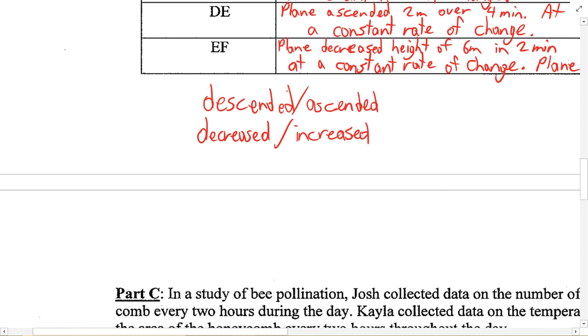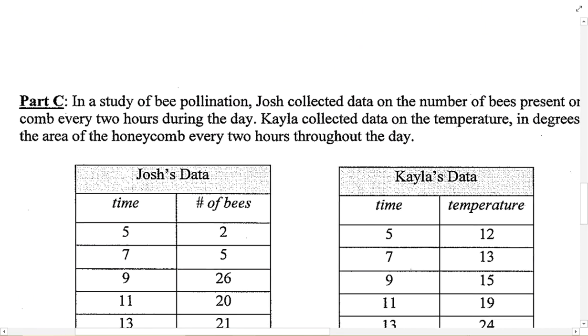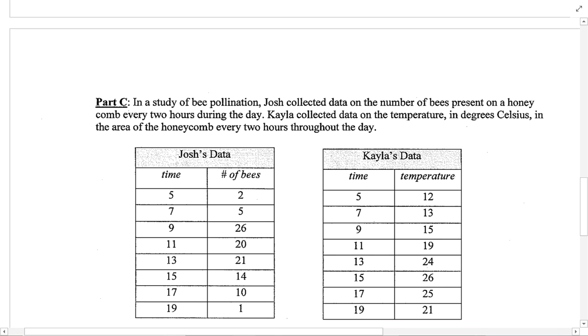Okay, next page. So we're not going to do too much graphing, but I'm going to kind of demonstrate this very quickly because the bottom is what's really important. So the first thing is we have to decide which one is dependent versus independent. So we're going to do a depends on sentence. So we have study of bee pollination.